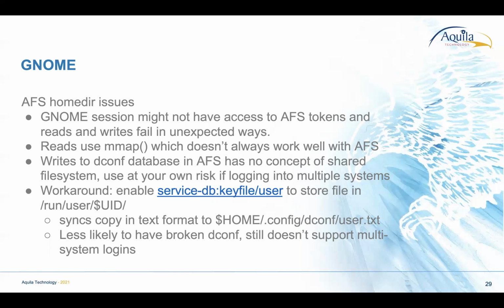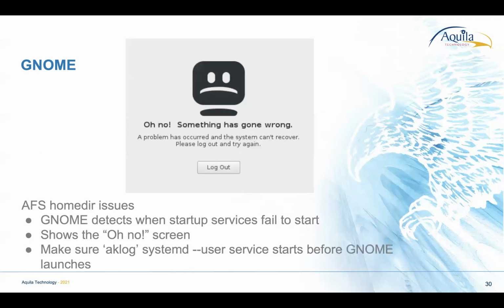This seems to cause less brokenness in dconf. It still doesn't support multi-login systems, but I found that it works considerably better. And plus, it's nice to have those settings as a text file, because then you can poke around and look at them as a regular user.